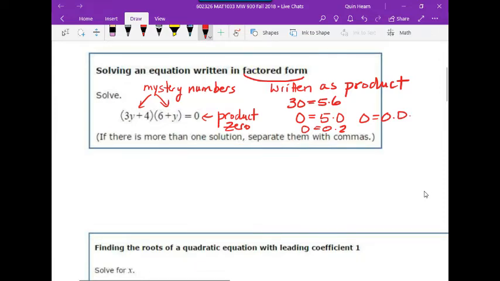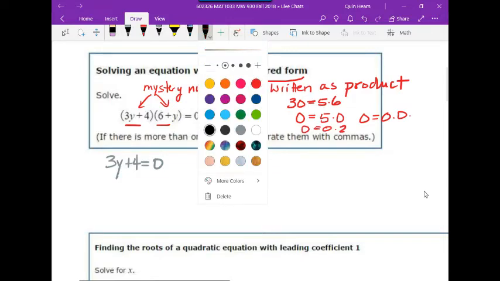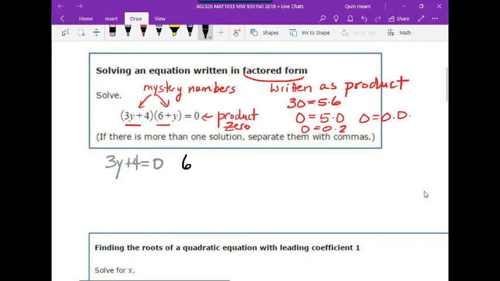This is called the zero product property, or the zero factor property. We use it a lot to solve equations where we have a product. So in this case, we know that either 3y plus 4 is equal to 0, or 6 plus y is equal to 0.